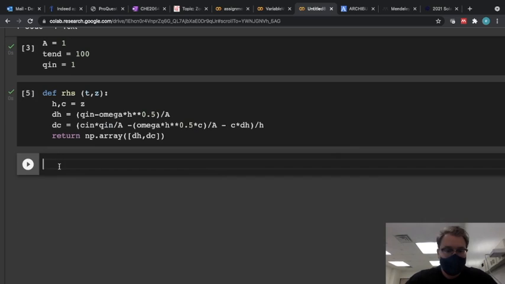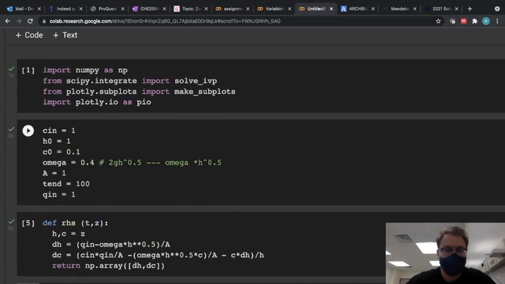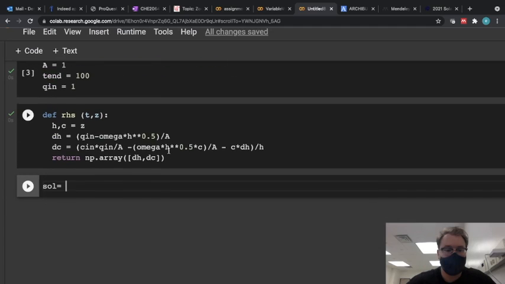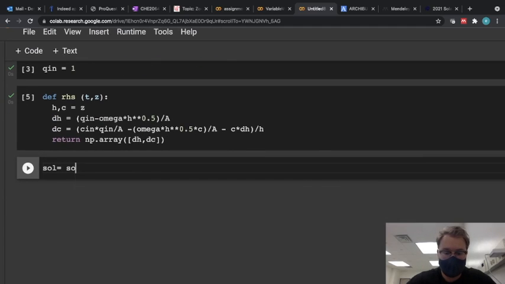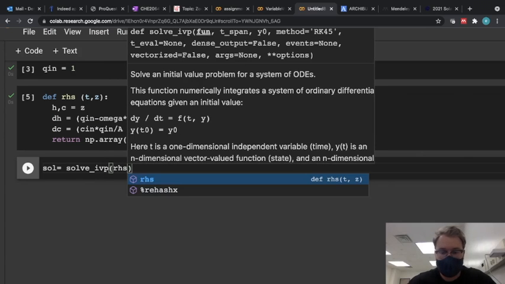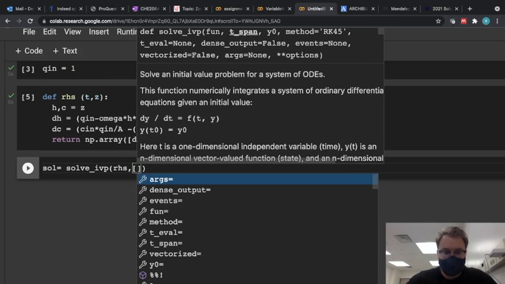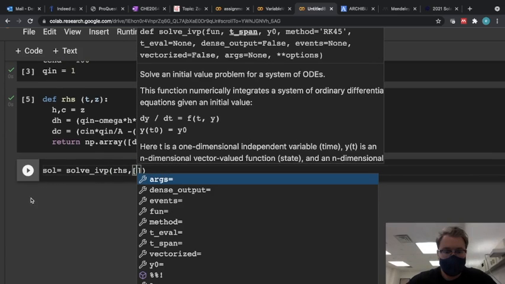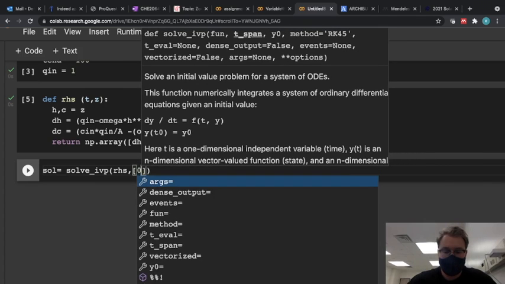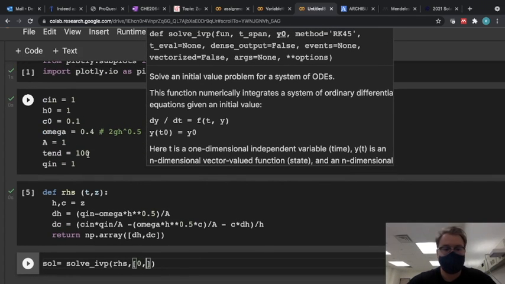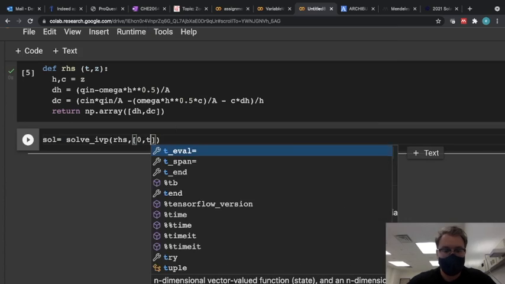So if I set up solution equal to, I'm going to be using the solve IVP that I imported from SciPy. So solve IVP of my right-hand side equation from, I'm going to be using from my time of 0 to 100 seconds, which I set up as t end here.